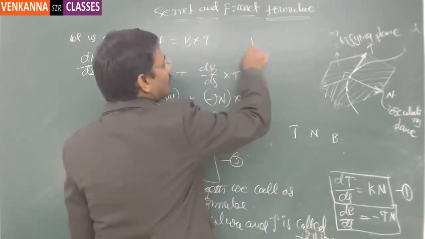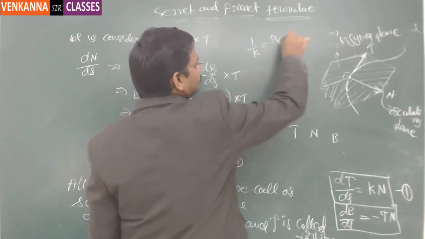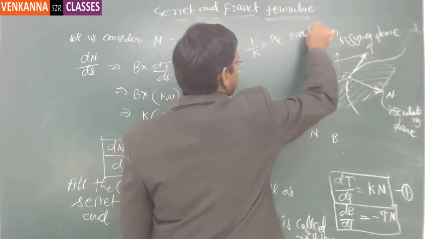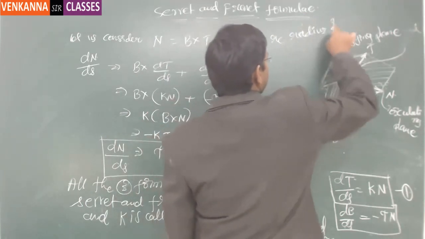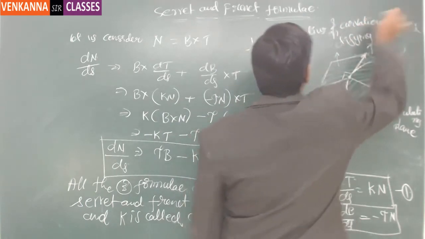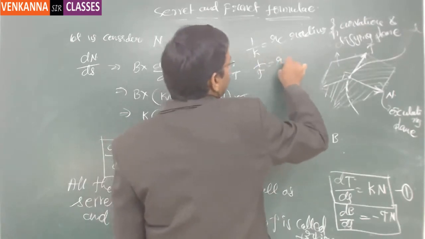And 1/K is the radius of curvature and 1/tau is the radius of torsion.